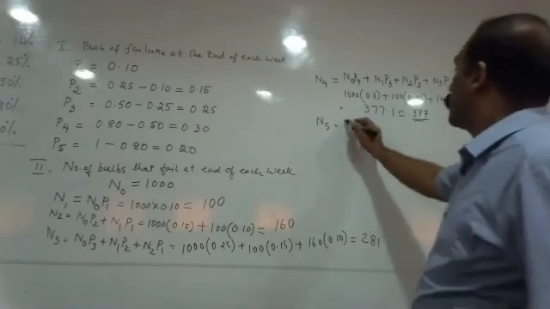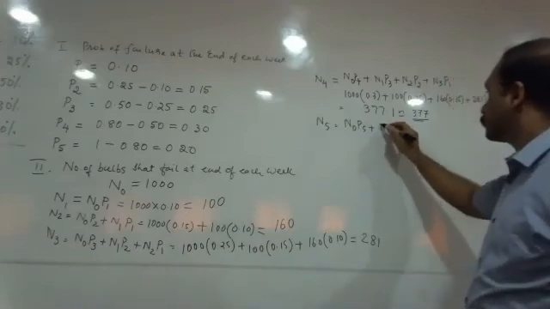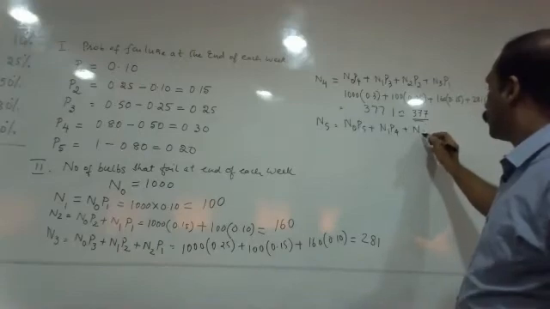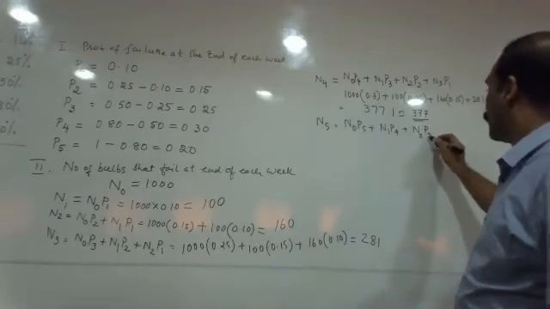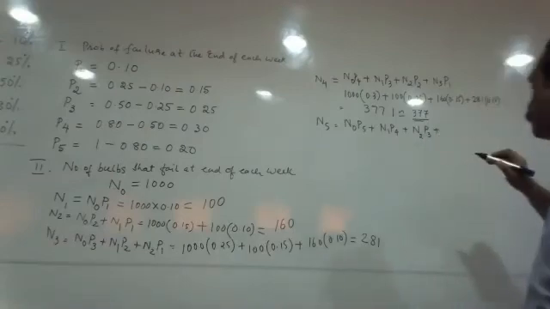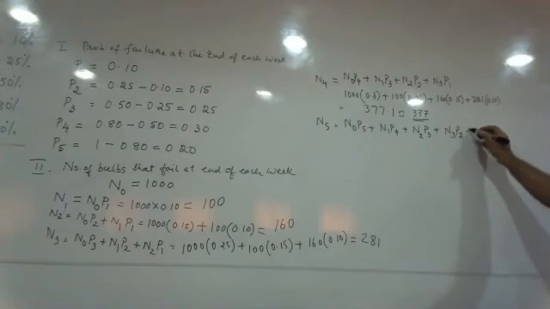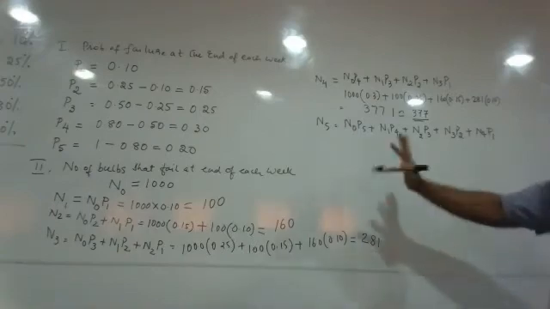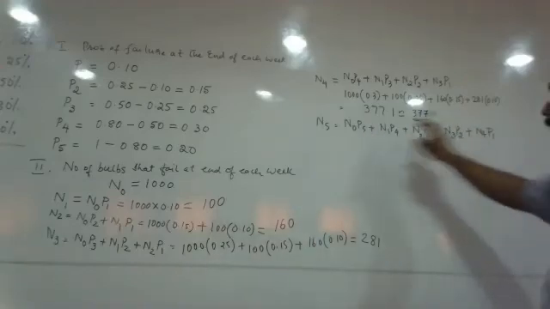N0 P5, plus N1 P4, plus N2 P3, plus N3 P2, plus N4 P1. That's all. 5 terms: 1, 2, 3, 4, 5. The total number of terms should be equal to 5.